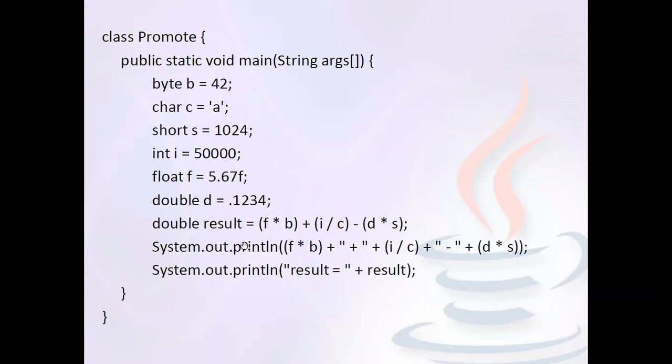Now it will just give you the values. It will find out f * b, that is, it will calculate 5.67 times 42 and print it over there. Then this plus is a delimiter, and this plus is a literal string, or rather a character, which will be printed.